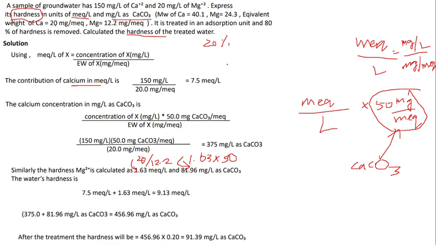So first find the total hardness. Total hardness is nothing but the summation of the calcium plus magnesium.